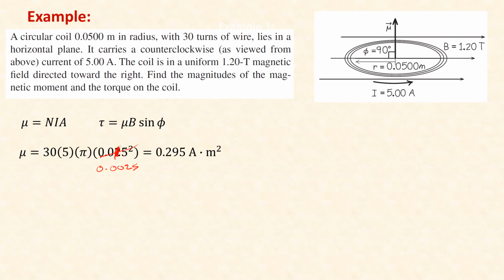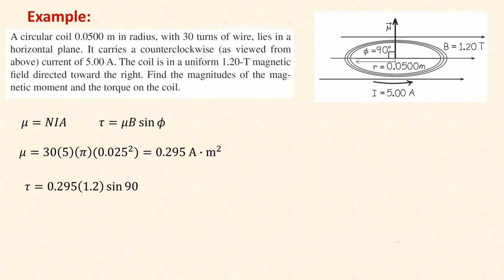I'll get 1.178. Because it says radius of 5 centimeter, maybe I thought it was diameter. You see that instead of that, I got 4 times smaller. So that was wrong. All right, so it becomes 1.178.